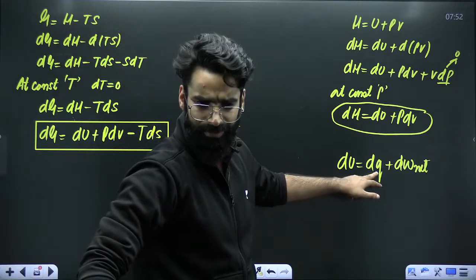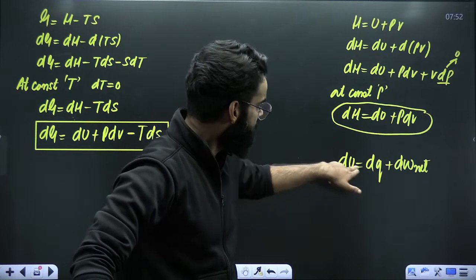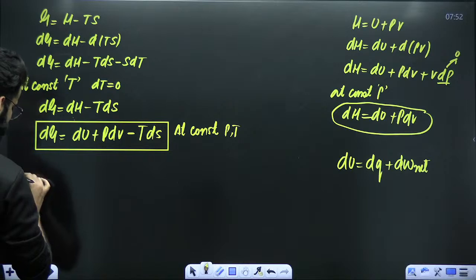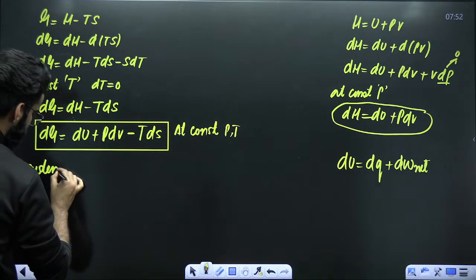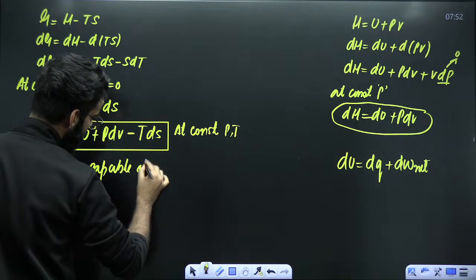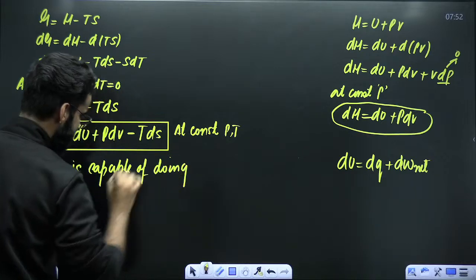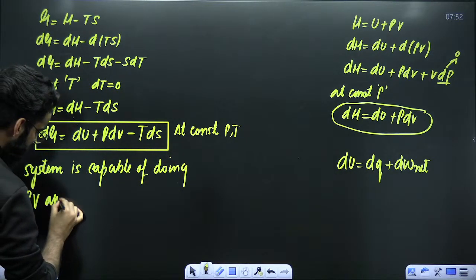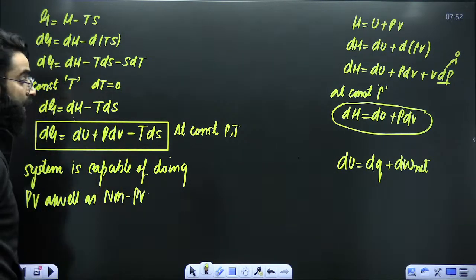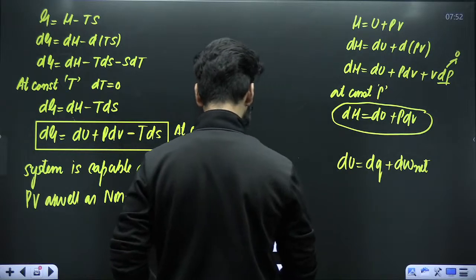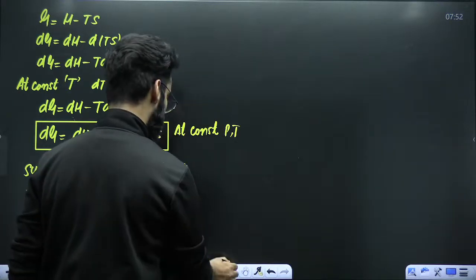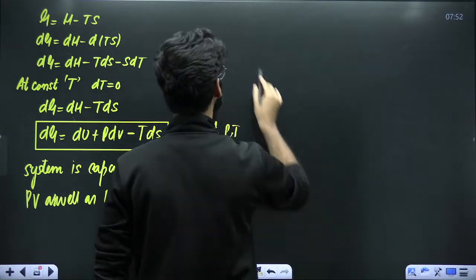For example, let's say we have got a system which is capable of doing PV as well as non-PV work. So what is going to happen? Something interesting is going to happen. Try to understand.